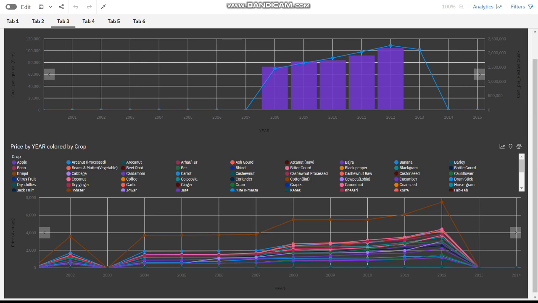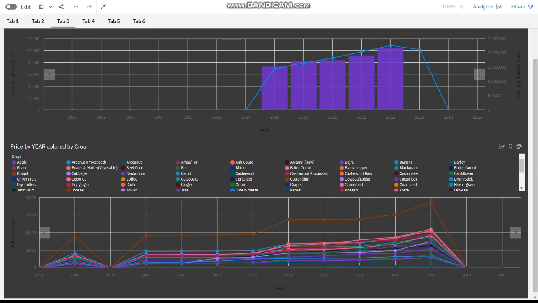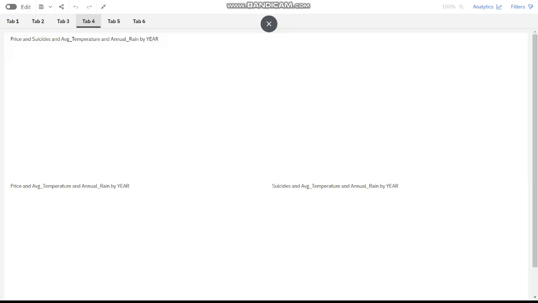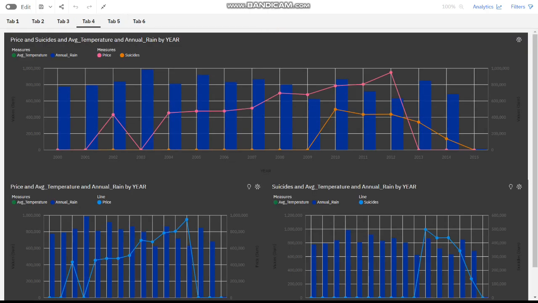The next graph is a line graph which shows the price rate of each crop year-wise. Similarly, this is the prices and suicides graph, compared between indicators: average temperature, annual rain, prices and suicides.